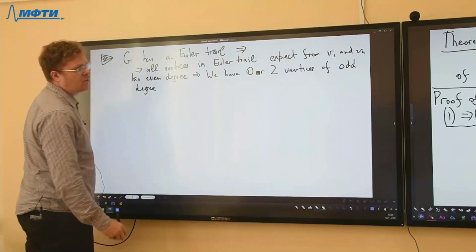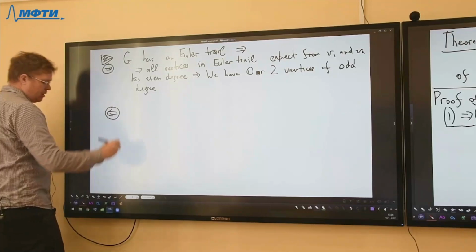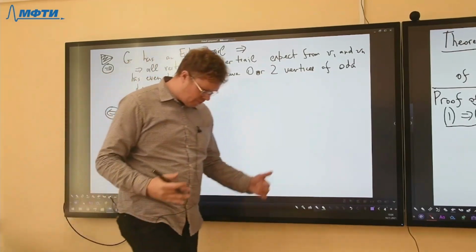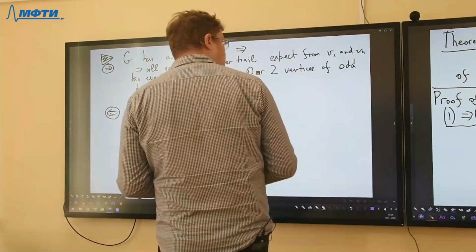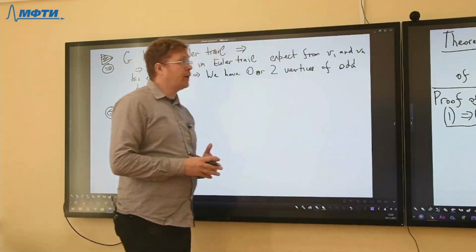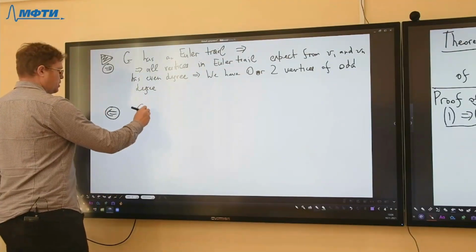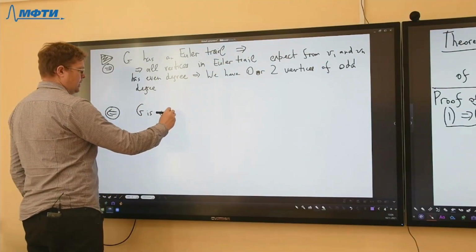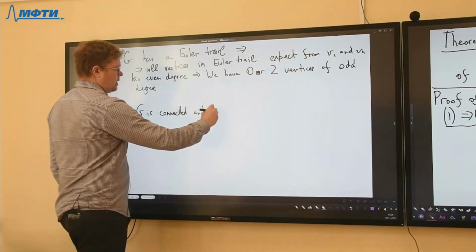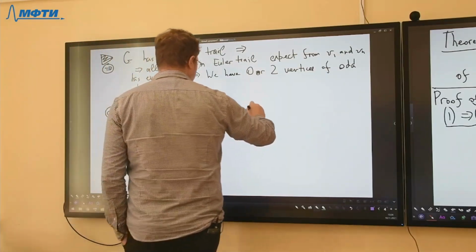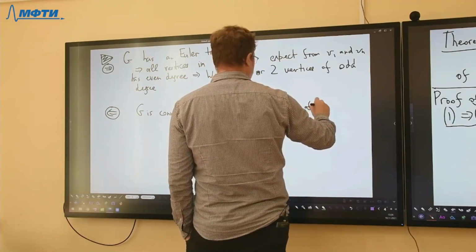And this is from left to right and from right to left. So G is connected and has 0 or 2 vertices of odd degree.